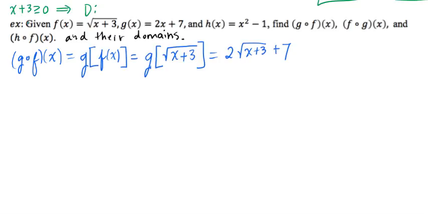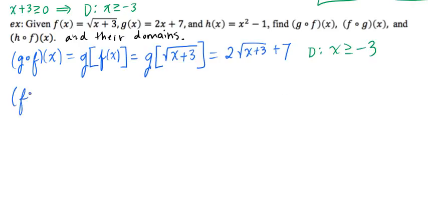And so, if you subtract 3 from both sides, you get that x has to be greater than or equal to negative 3. That's the domain of this function f. The domains of g and h are all real numbers because they are polynomials. So the domain of this combined function, because we have a square root of x plus 3, is that x has to be greater than or equal to negative 3.